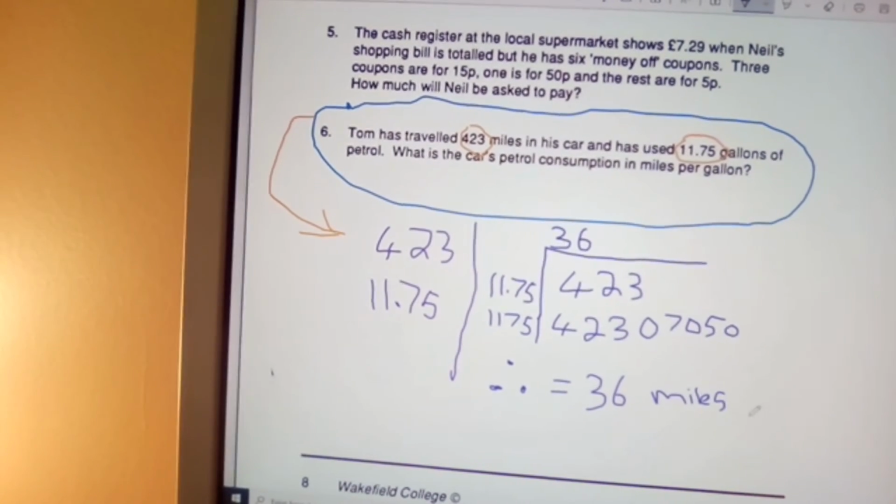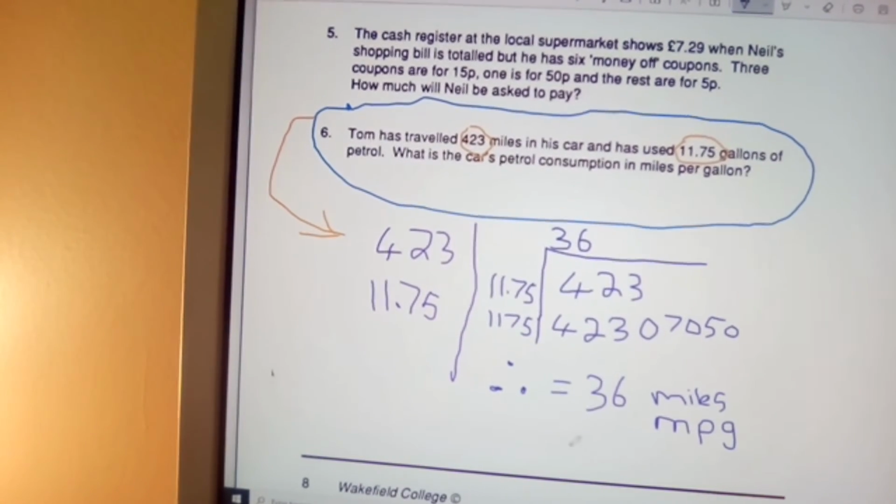Miles per gallon, mpg, okay? Miles per gallon, and that is our answer.